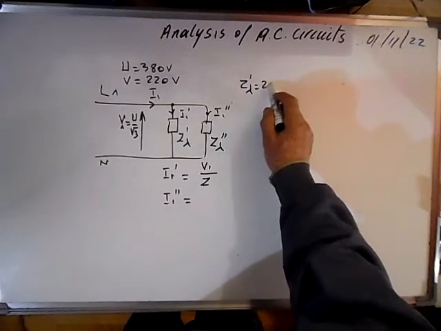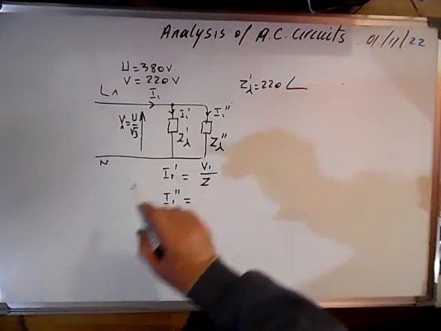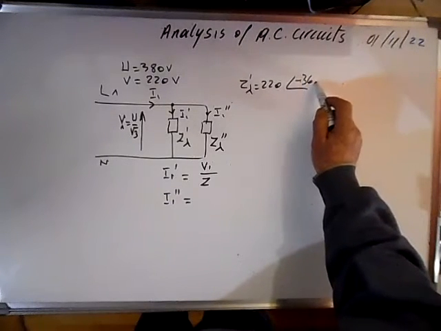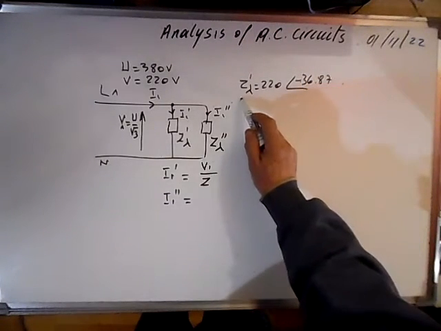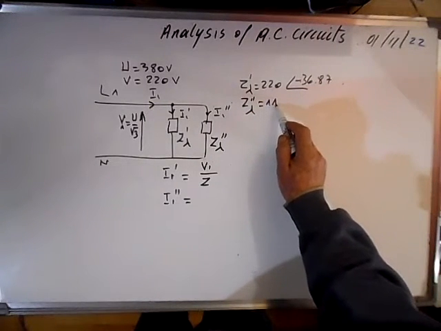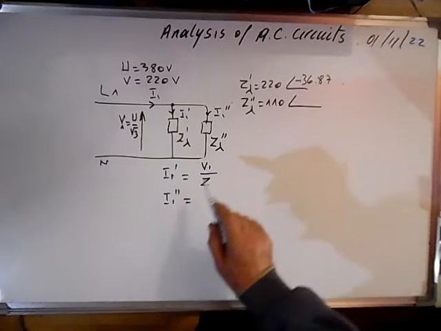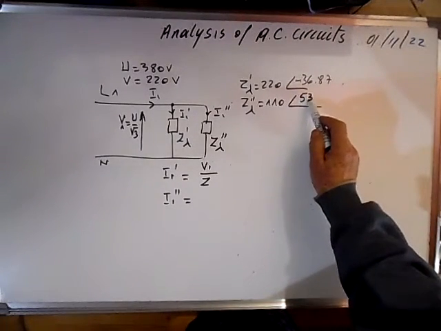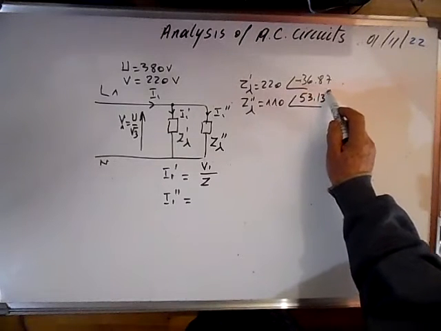prime, this is 220 and minus 36.87, and Z2 prime, this is 110, and the argument is 53.13 degrees.